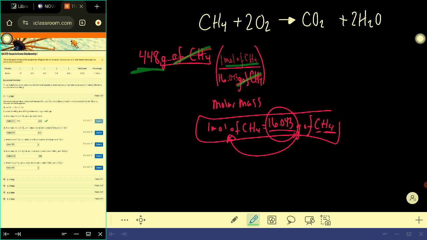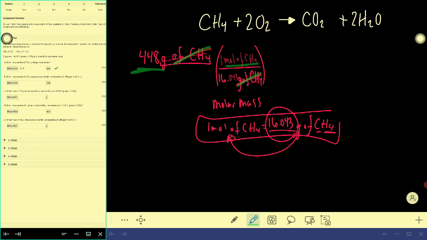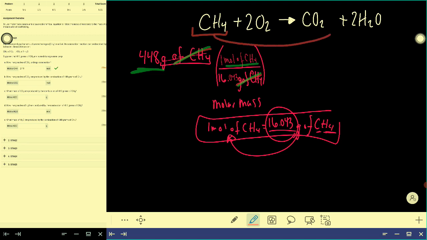All right, next it says, how many moles of carbon dioxide are produced? So I started with moles of methane, and I want to get to moles of carbon dioxide right there. So I'm going to look at the molar ratio because there is nothing here. I know that it's a 1 and a 1 technically.